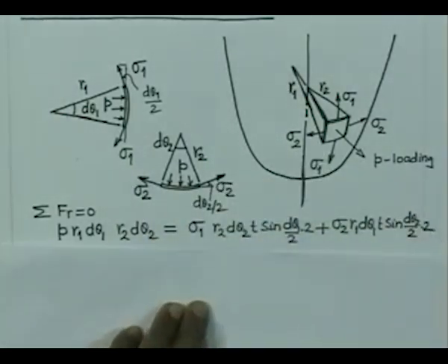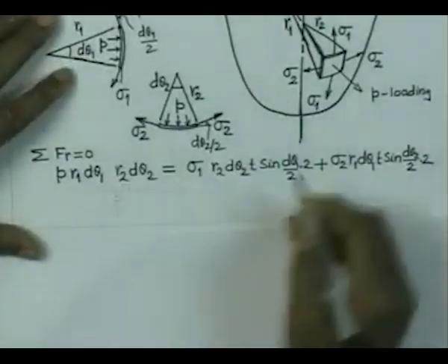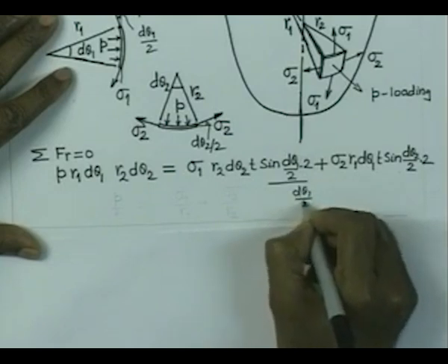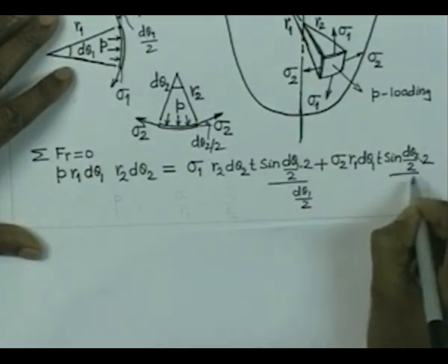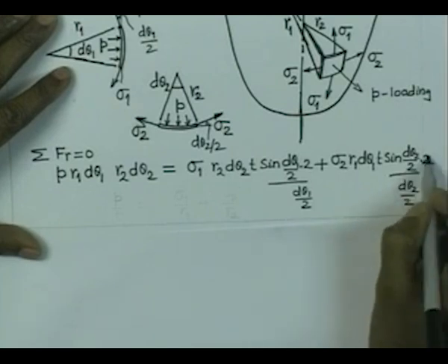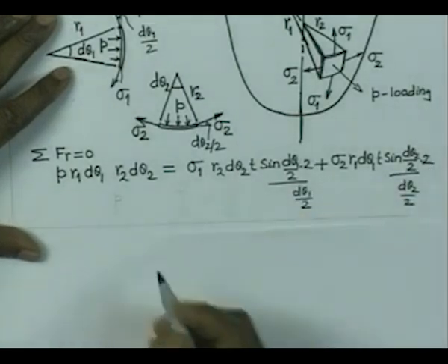So, multiply by 2. Finally, you find that we can substitute sine d theta 1 by 2 as d theta 1 by 2 for small angle, and similarly for d theta 2 by 2, and this 2 and that 2 will cancel.